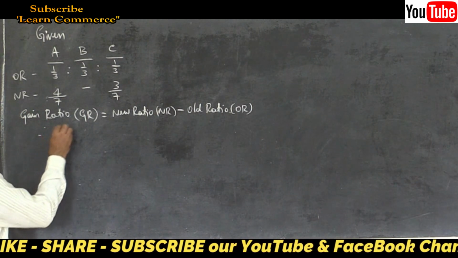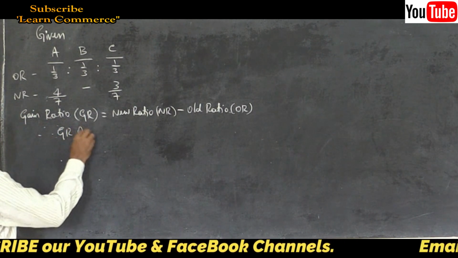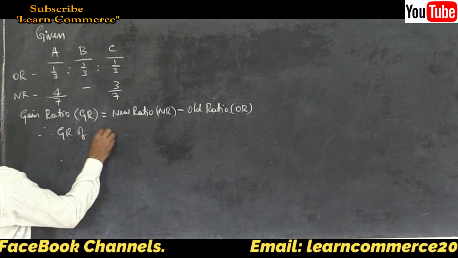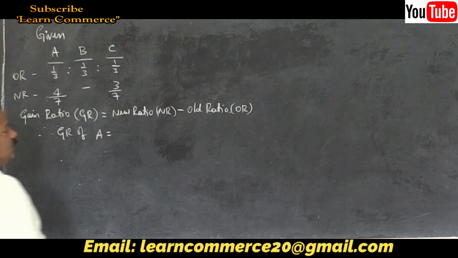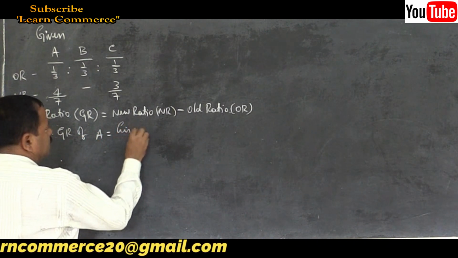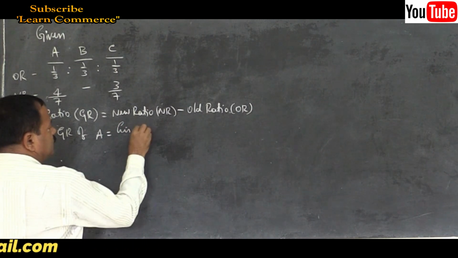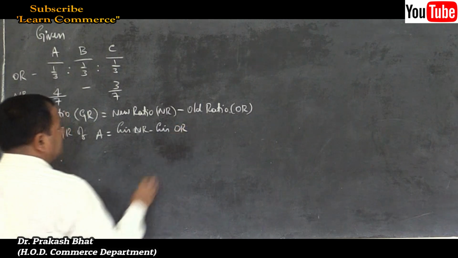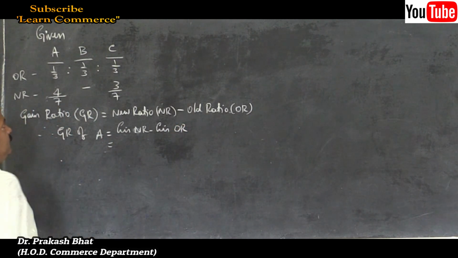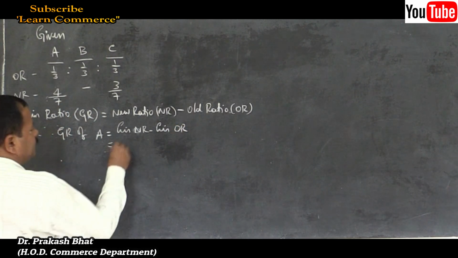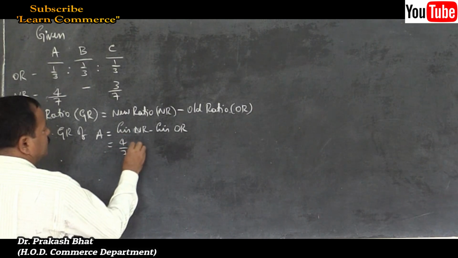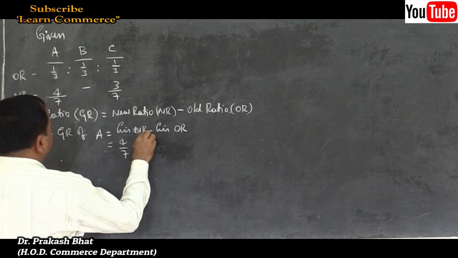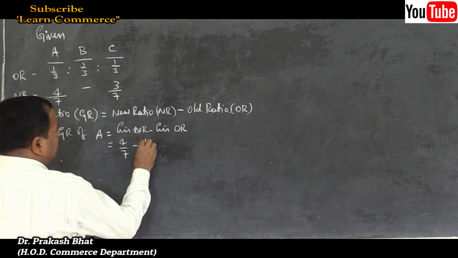Therefore, GR of A is equal to his new ratio minus his old ratio, is equal to new ratio is 4/7 minus old ratio was 1/3.